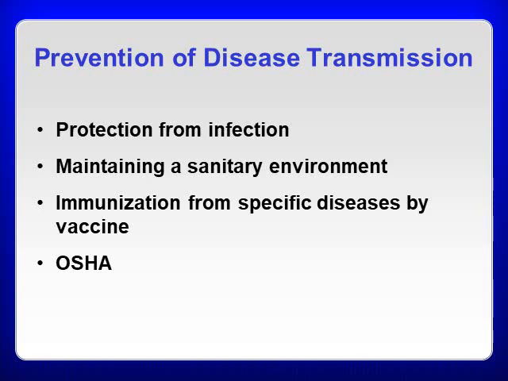A lot of times we think this is just to protect us, but it's also to protect patients, so it's important to look at that from both sides. We'll talk specifically about some of the standards, particularly as they relate to bloodborne pathogens, to help limit disease transmission.